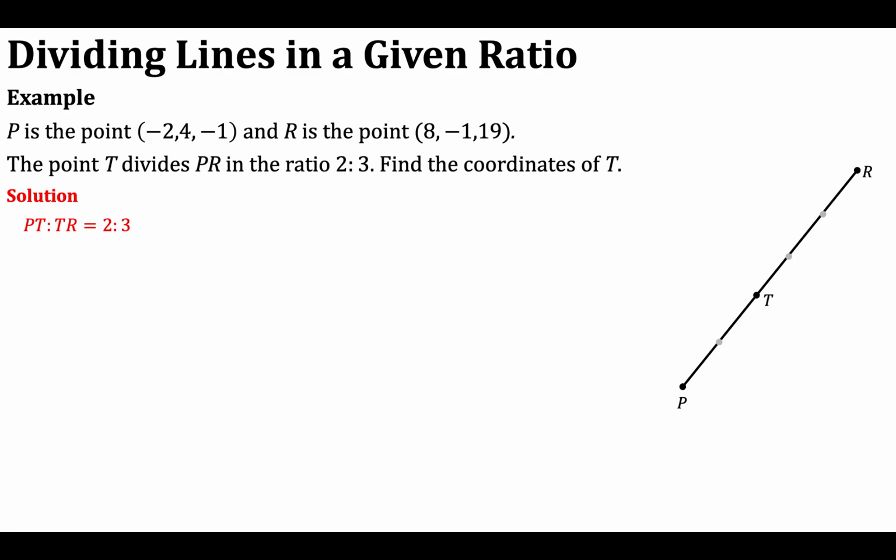Now visually that may look like this. As you can see, I've added in these extra points here in grey, and you can see that for every 2 equal parts along PT, I've got 3 equal parts in TR. Now, expressing my ratio as a fraction, PT over TR is equal to 2/3.